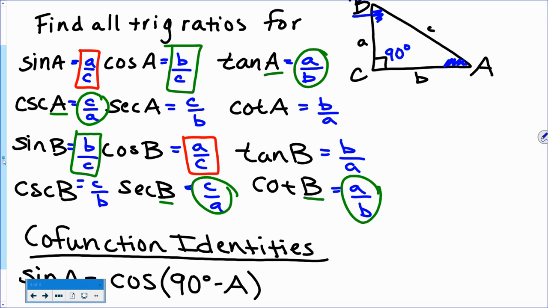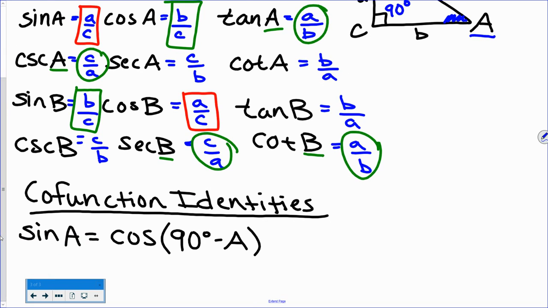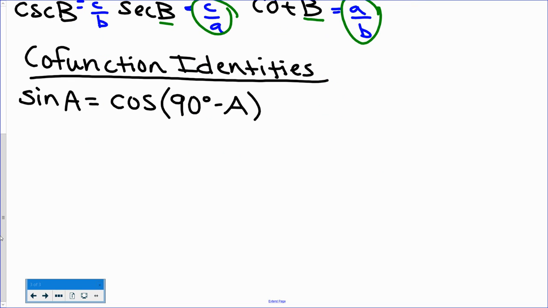So sine of this angle is equal to cosine of that angle, and that's what we just showed in our little ratios. I can write it the other way as well. I can say cosine of A is equal to sine of 90 degrees minus A.